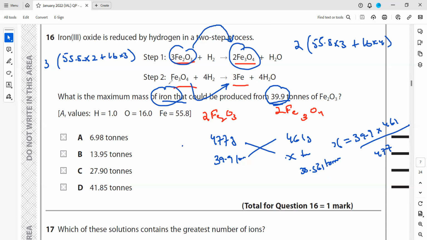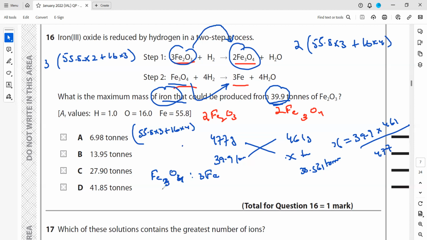Now we'll take a ratio of the mass of these two. So it is Fe3O4 and 3Fe. What is the ratio of their mass? So this total mass will be 55.8 multiplied by 3 plus oxygen is 16 multiplied by 4.